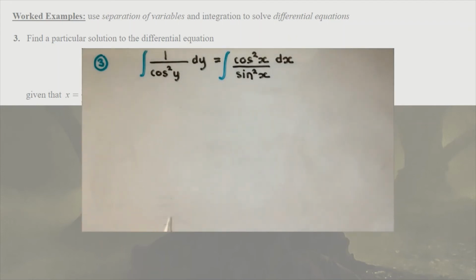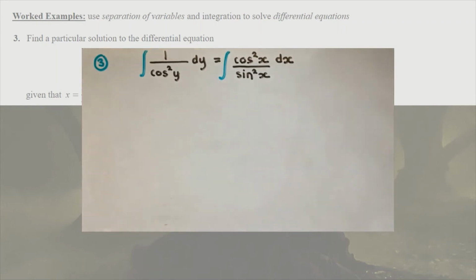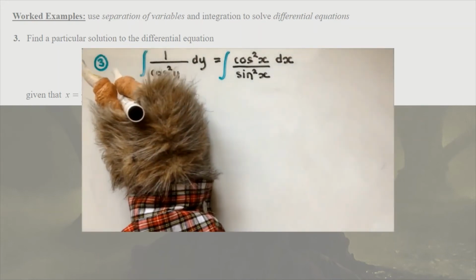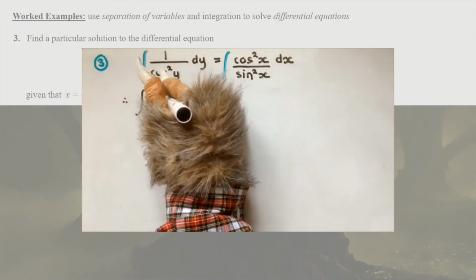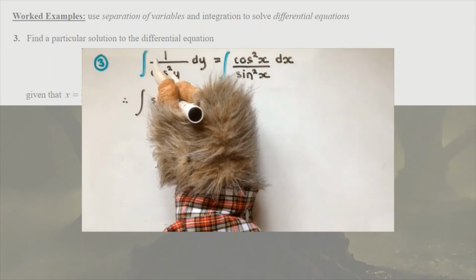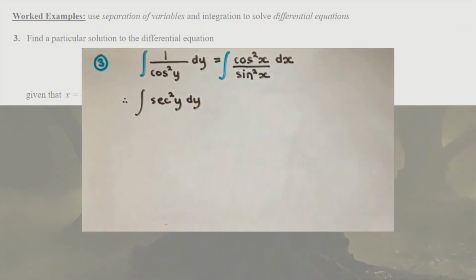Left hand side looks tricky, but if you notice 1 over cos squared, that's a reciprocal trig function. This is the same as sec squared. So let's just convert that into sec squared y. So therefore we're going to have the integral of sec squared y dy. That's an identity, of course, so I'm perfectly entitled to do that.